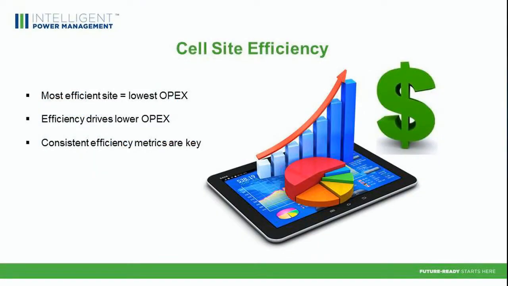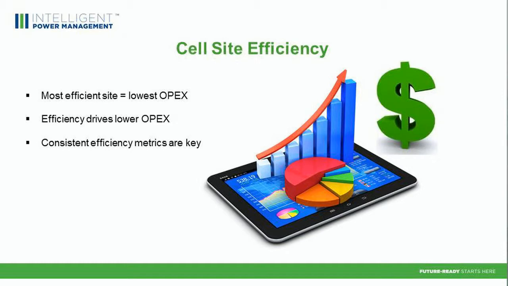The most efficient site is the one that will have the lowest OPEX. And by nature of that bullet, all the efficiency will drive to a lower OPEX, which is spending less money to run this non-revenue generating stuff. That is where we can impact, where we can affect.